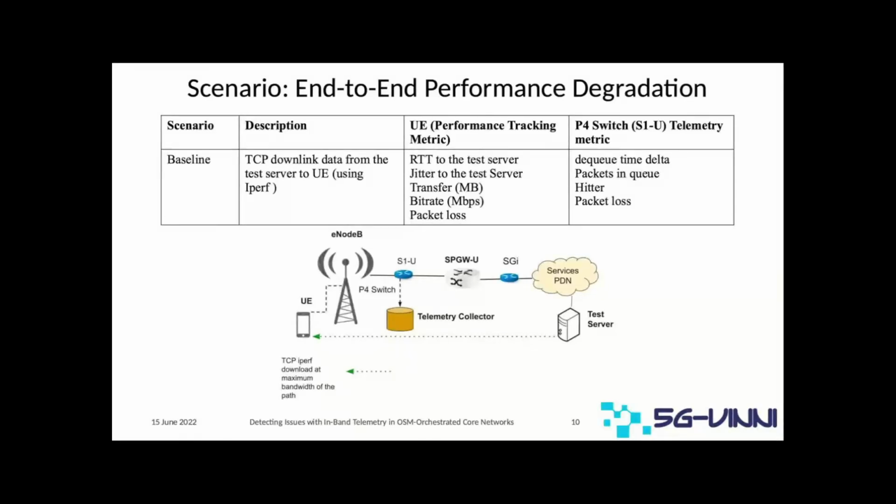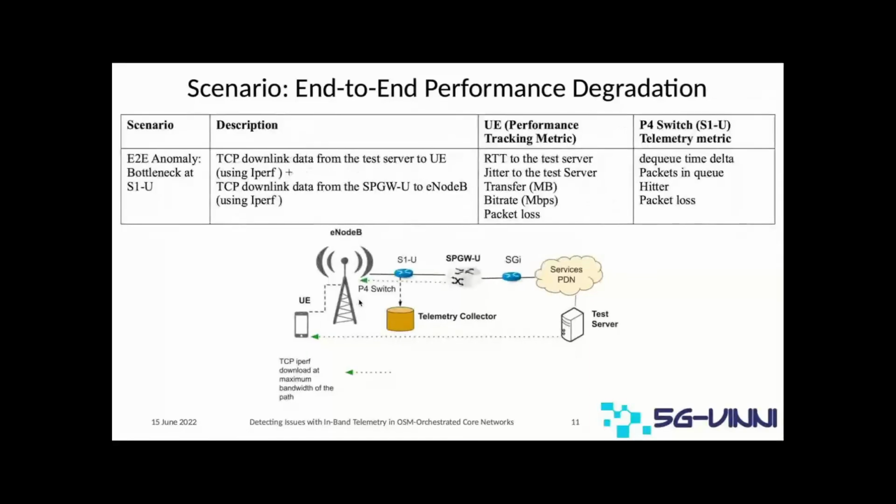We run TCP iPerf downlink from a test server to the UE, and then we collect end-to-end performance measurements at the UE side. For example, we are collecting RTT, jitter, bit rate and packet loss. And also we are collecting the P4 measurements through the telemetry collector.